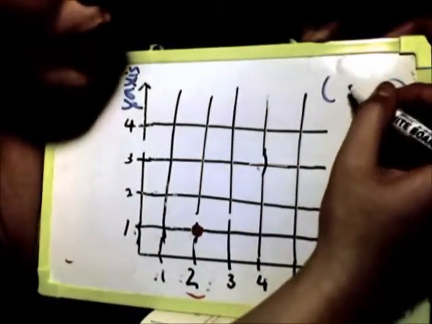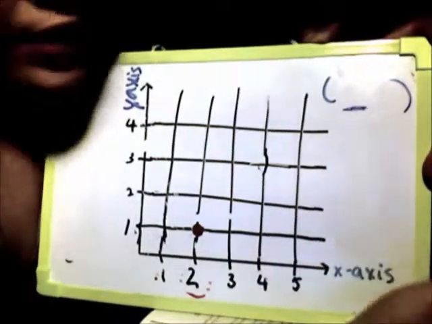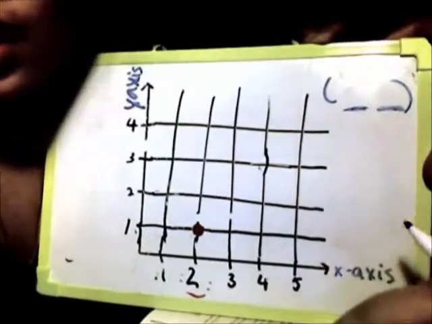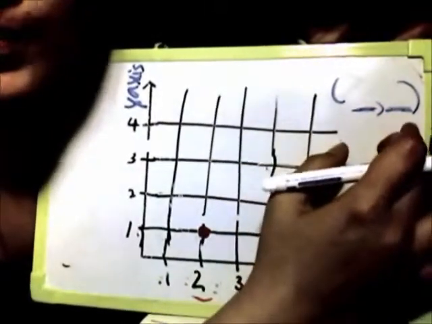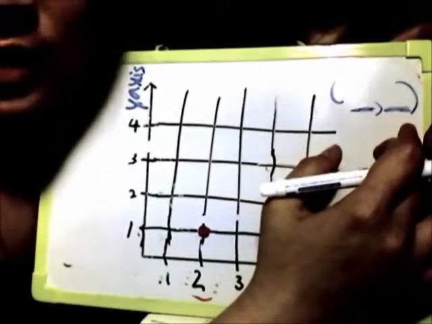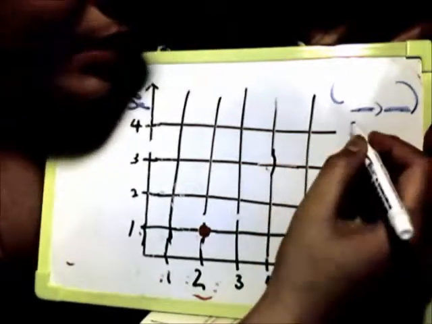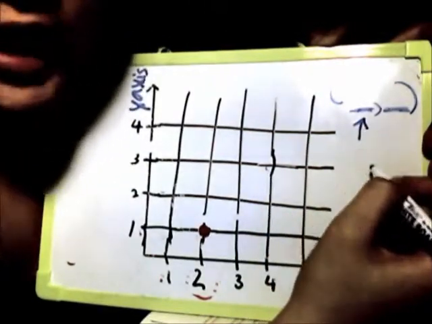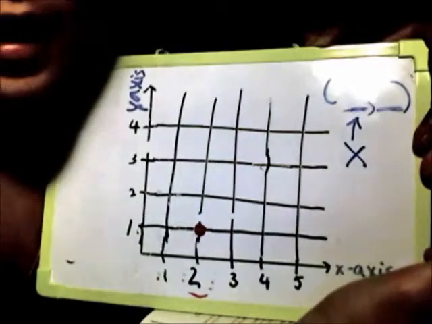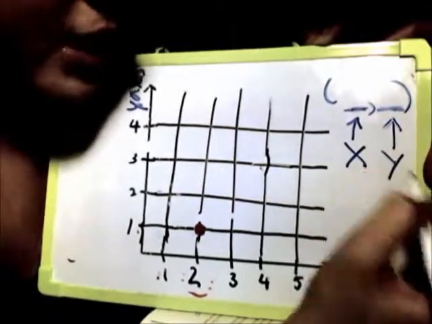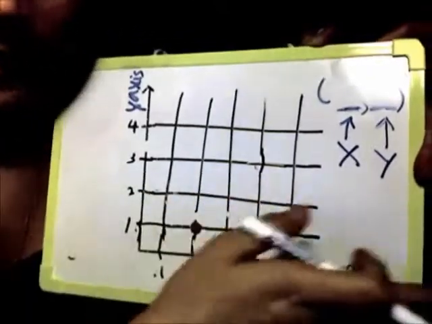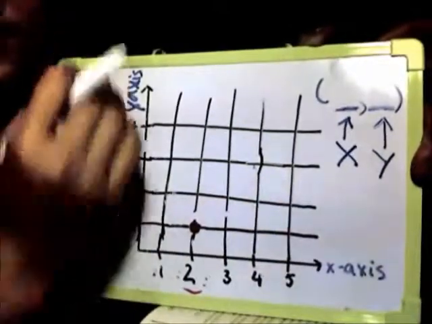You have one number, and then you have the other number, and it's separated by a comma. So what do these numbers tell you? One of these numbers tells you which x to look at, and the second number tells you which y to look at. Remember, this is the x-axis and this is the y-axis.